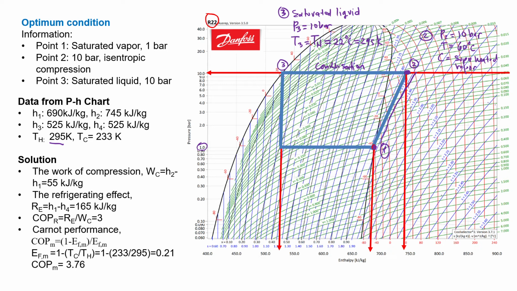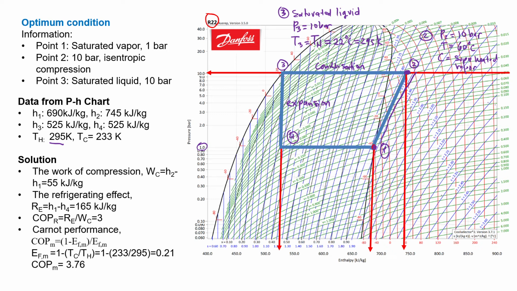And then at point 4, what happened between 3 and 4? 3 to 4 is isenthalpic expansion. So it brings it down to point 4, and at point 4 we know that P4 equals P1, so equal to 1 bar.